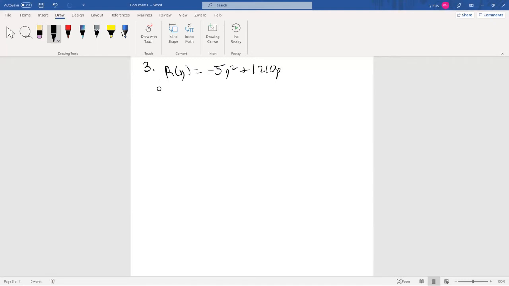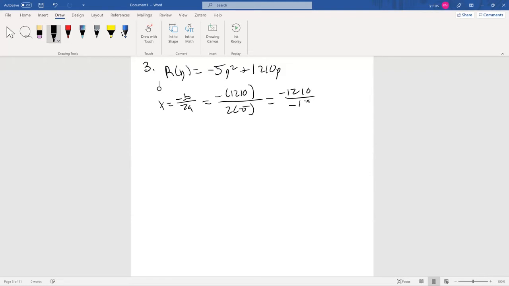If you remember from the last problem, our vertex formula is x equals -b over 2a. So in this case, our b is 1,210 and our a is -5. So then we get -1,210 over -10.